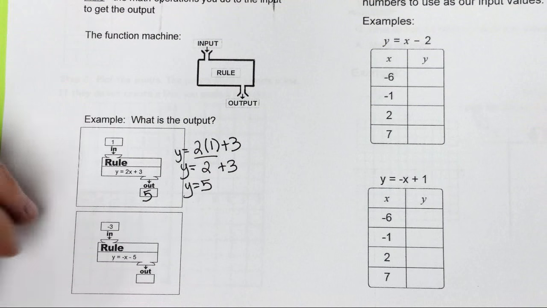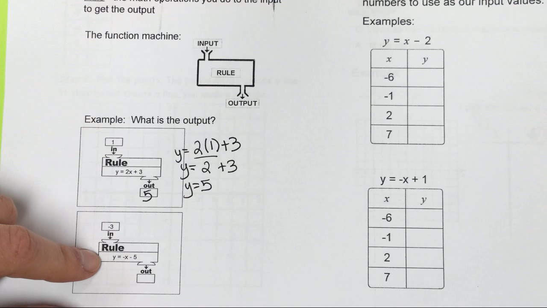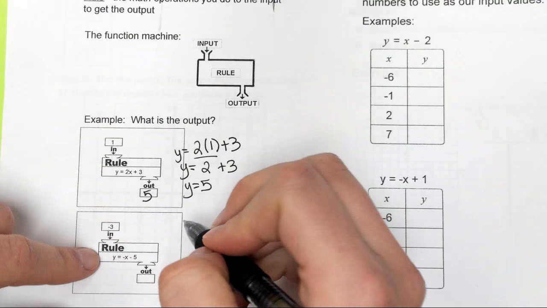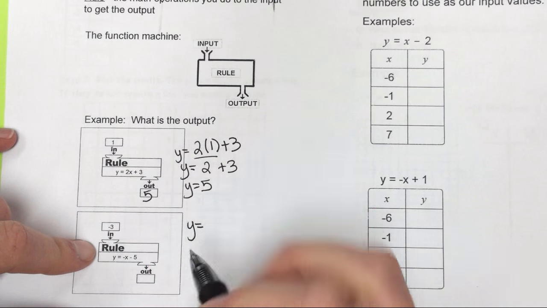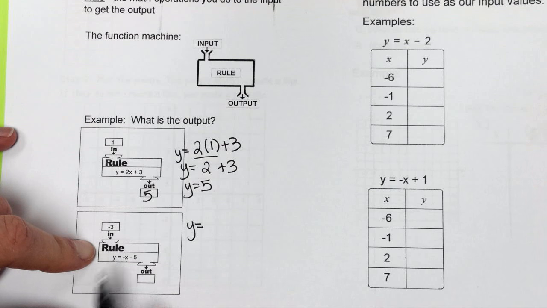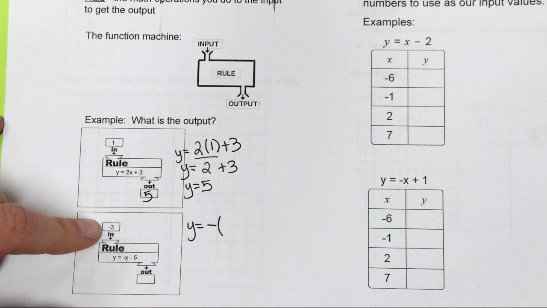Right, example number 2. I have an input of -3, a rule of y equals -x minus 5, and then I'm looking for an output value. So I'm going to have y equals, I'm going to plug in -3 for x. So I have an opposite sign on the outside. Remember from when we were doing evaluating expressions, when we have a negative number, we need to plug in parentheses.